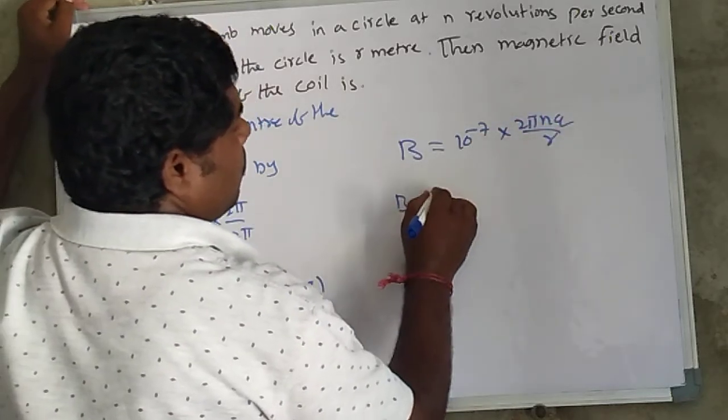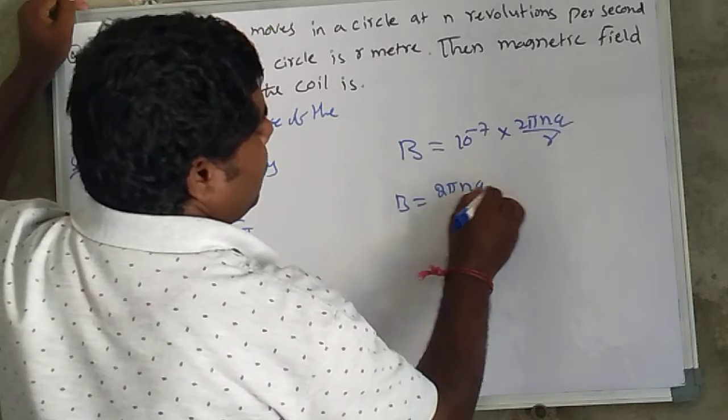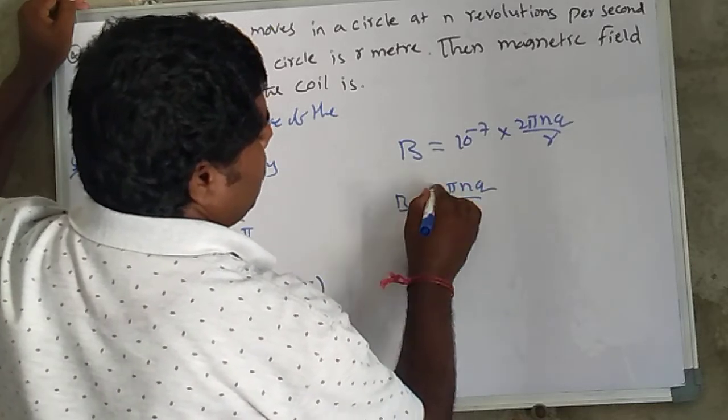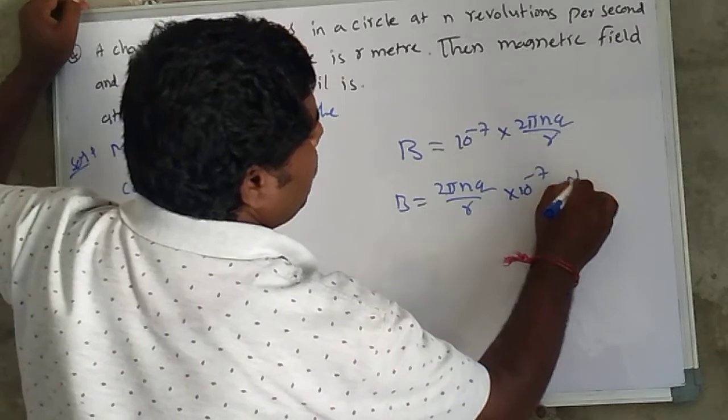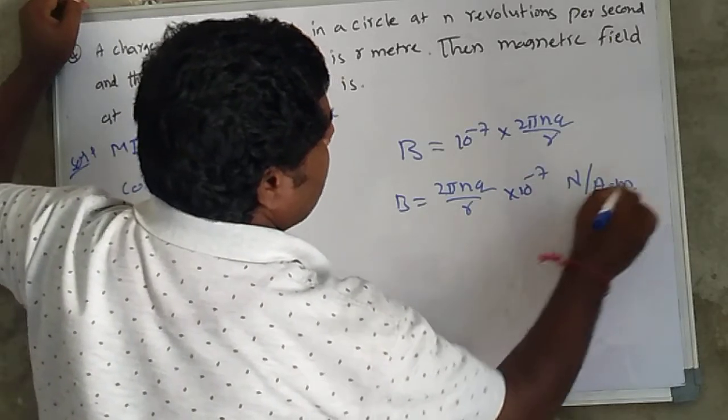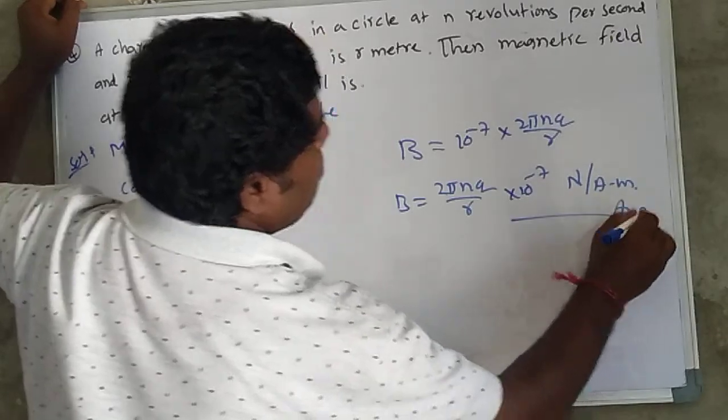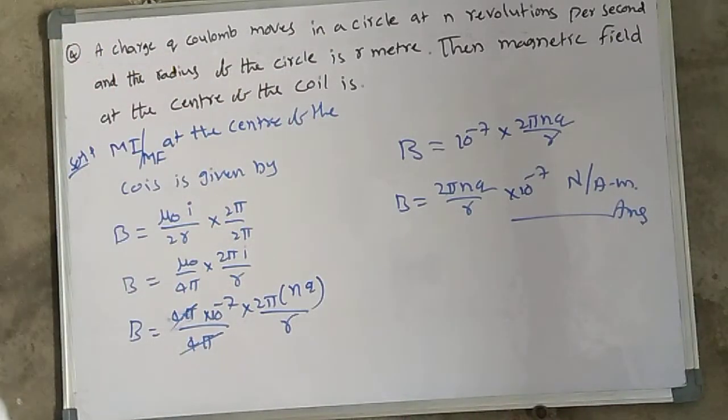It means B is equal to 2 pi nq divided by r into 10 to the power of minus 7 newton per ampere meter. This is the answer to the question.